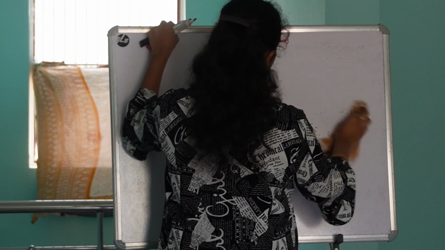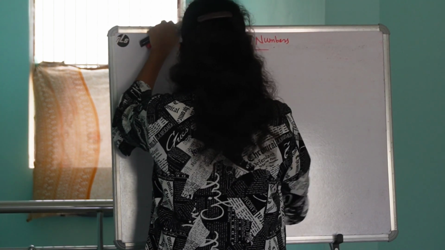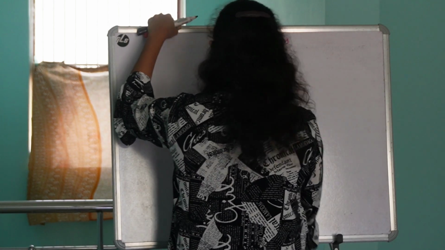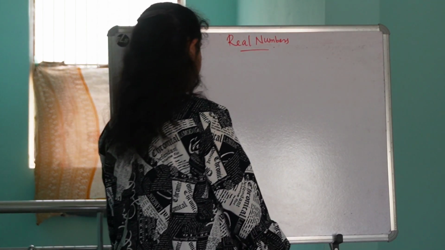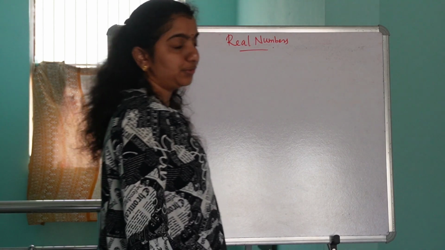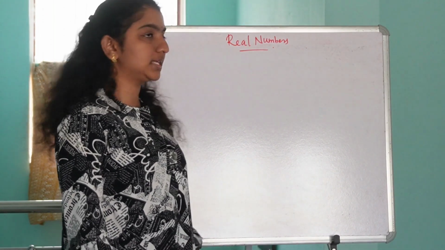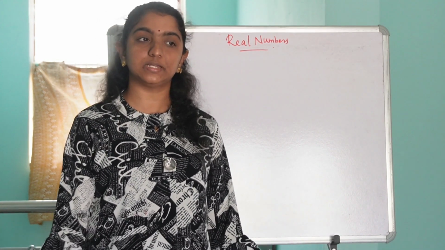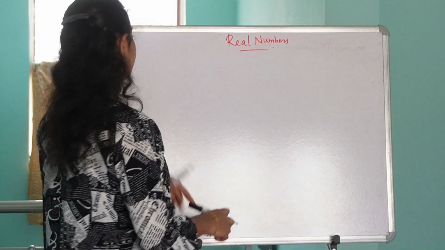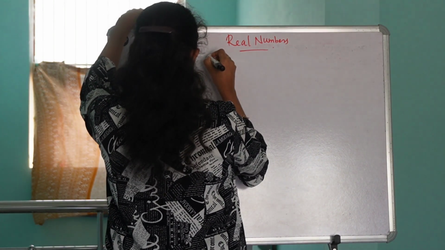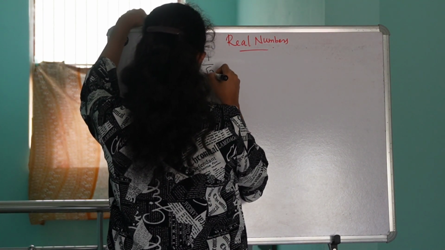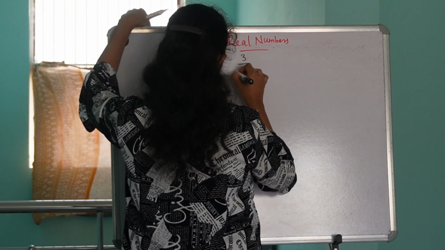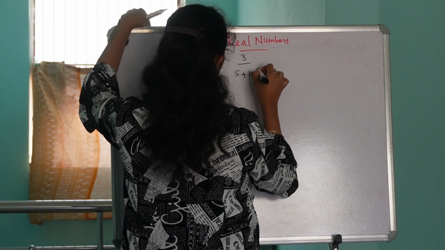Fine. So now let's see the last topic of the chapter, number systems. Yes. So I told you every real number represents a unique point on the number line, and every point on the number line represents a unique real number. Suppose you are asked to find the points representing these kinds of real numbers, like 1 by root 2, 3 divided by 5 plus 10 root 2.